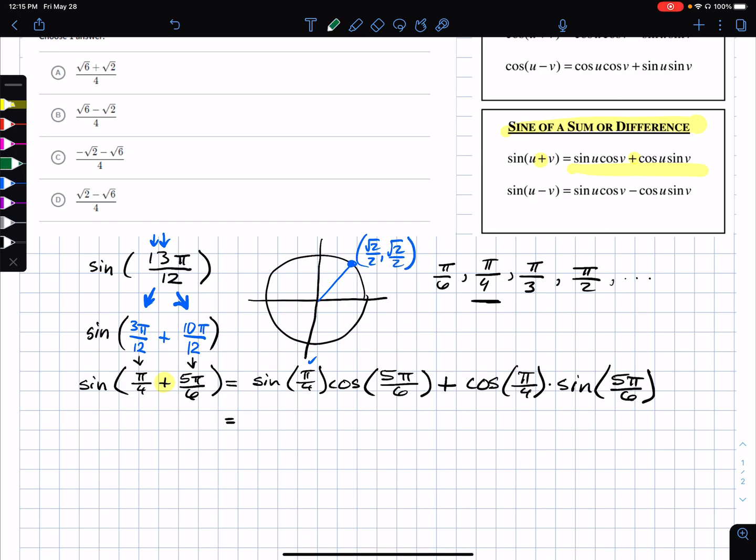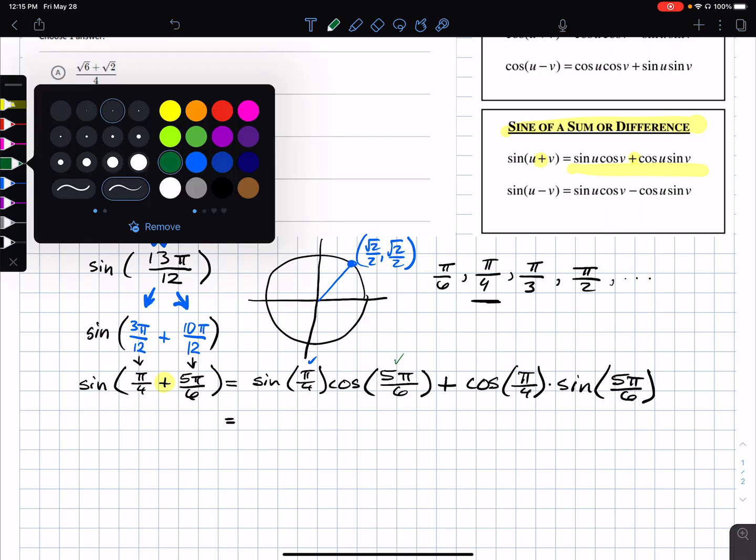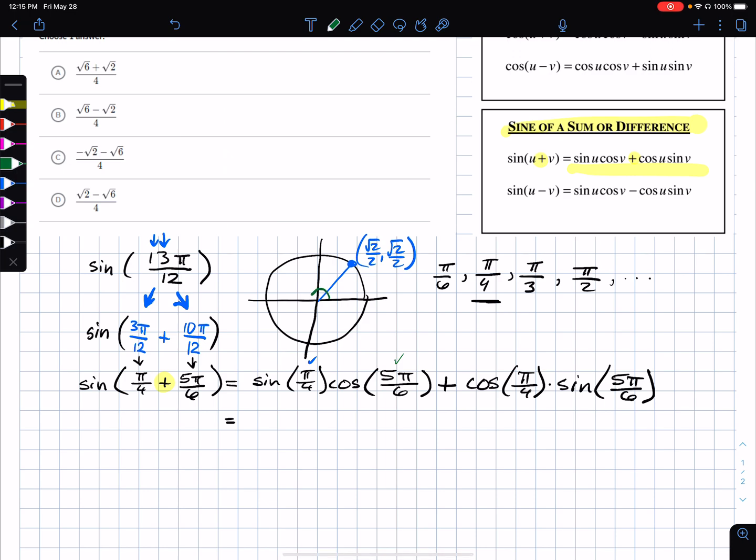The other one we run into is 5 pi 6. So 5 pi 6 is all the way in the second quadrant here. And the coordinates for that, if you have your unit circle in front of you over there in quadrant 2, we've got negative root 3 over 2, comma, 1/2.